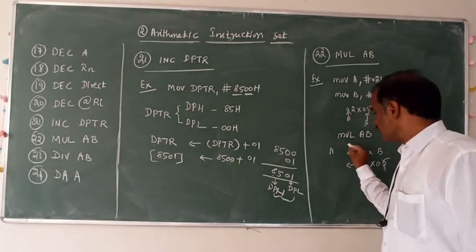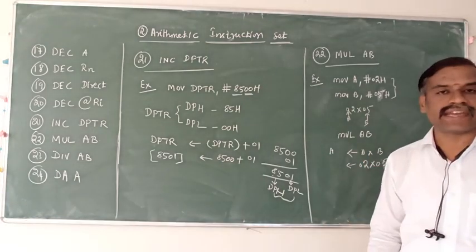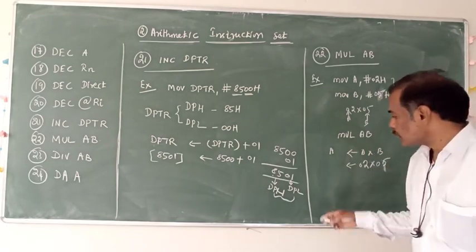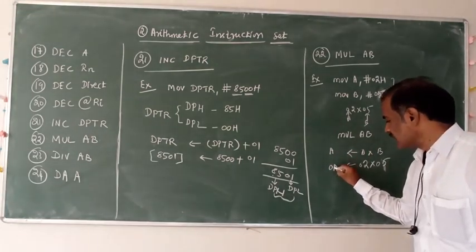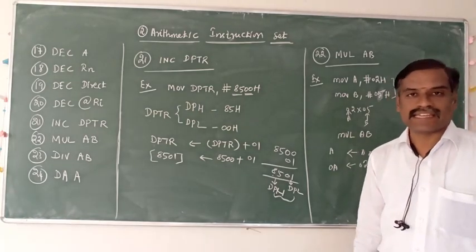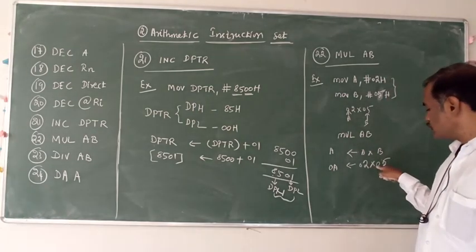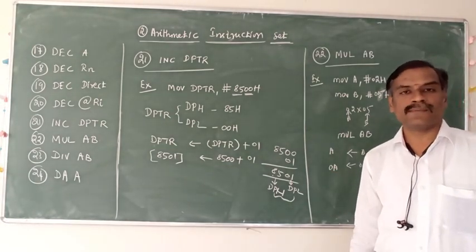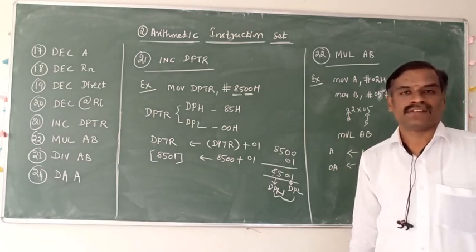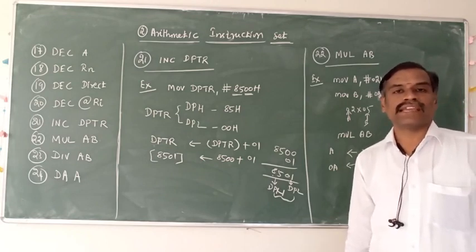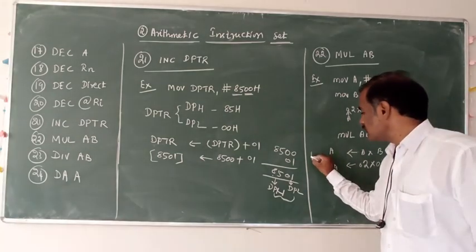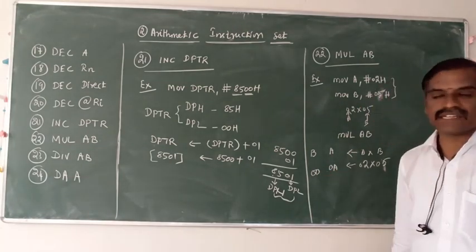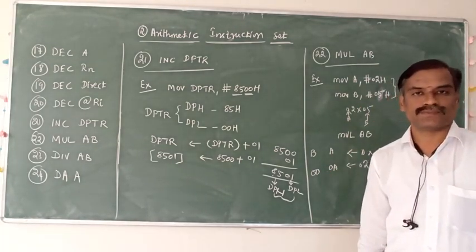The 0A. Now, to multiply two 8-bit data, if the result is within 8-bit, the product is available in the accumulator, and there is no carry. 02 times 05 means 10, the corresponding hexadecimal value 0A. This is within 8-bit. If the result is more than 8-bit, the carry will occur in the B register. Now at present there is no carry, so the B register will be 00.